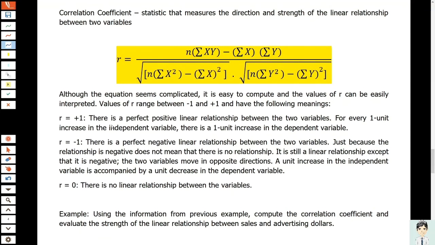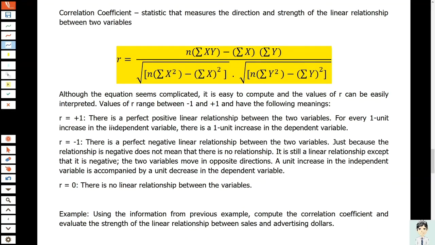Okay po. It is still a linear relationship except that it is negative. Ibig sabihin, the two variables move in opposite directions. A unit increase in the independent variable is accompanied by a unit decrease in the dependent variable.